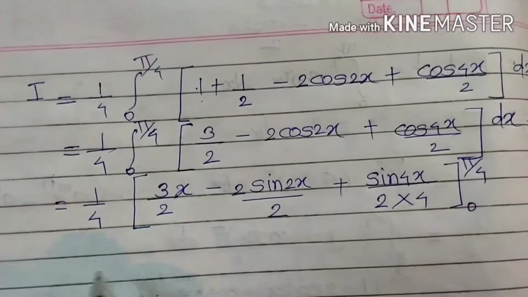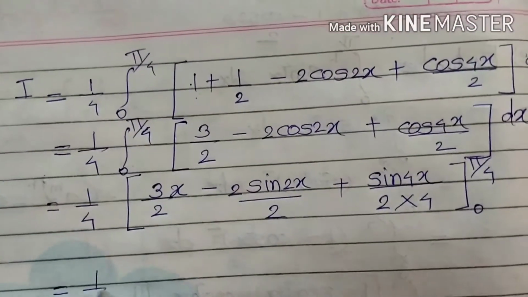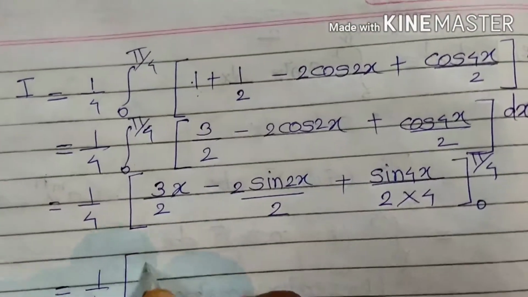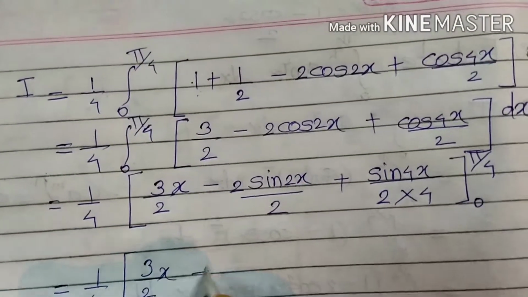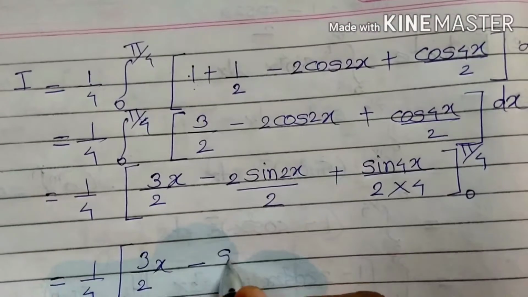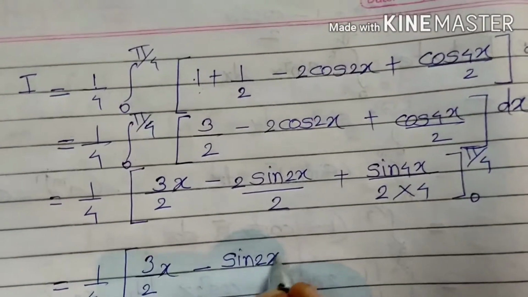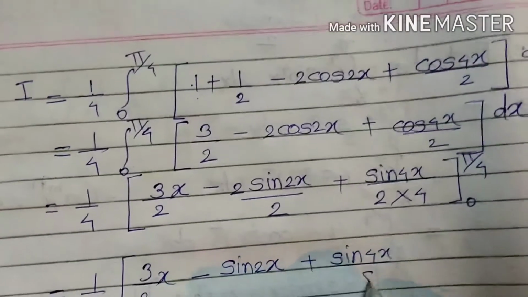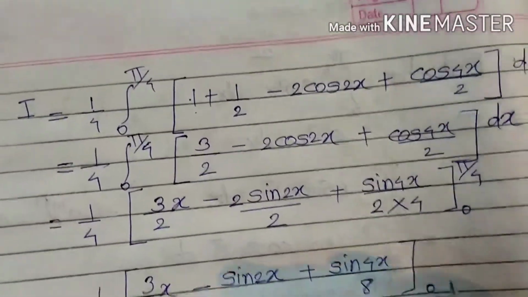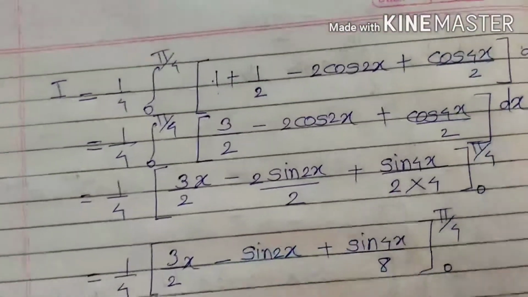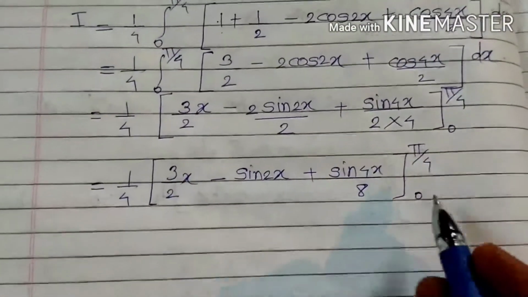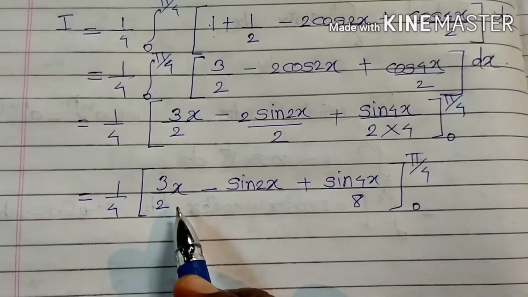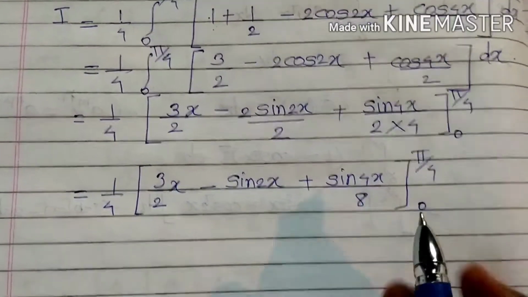Now simplify it. So it will become 1 by 4, 3 upon 2x, 2 get cancelled. So remaining minus sin 2x plus sin 4x upon 8, 0 to pi by 4. Okay. Now first put pi by 4 as the upper limit and then put lower limit 0.